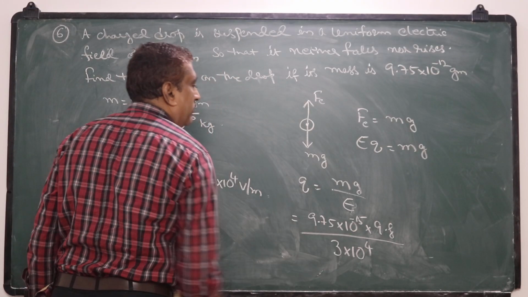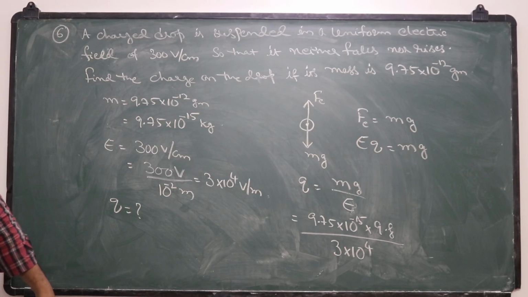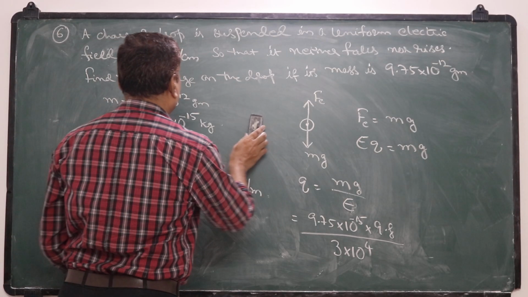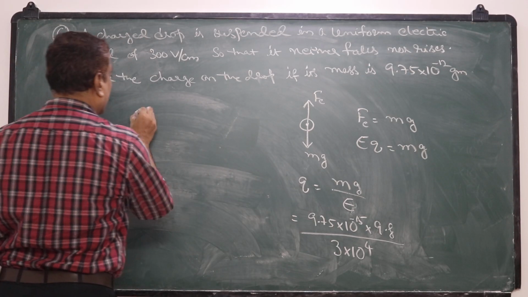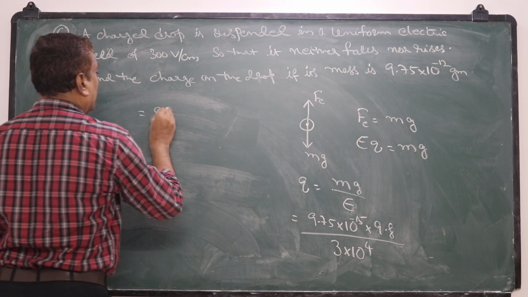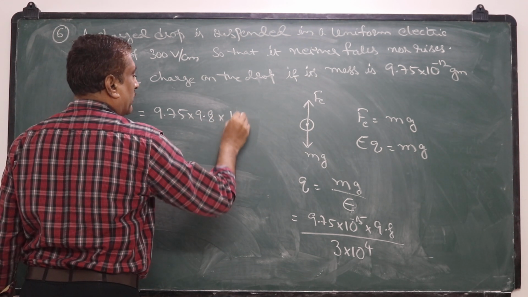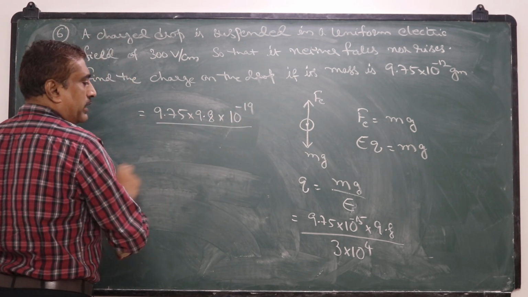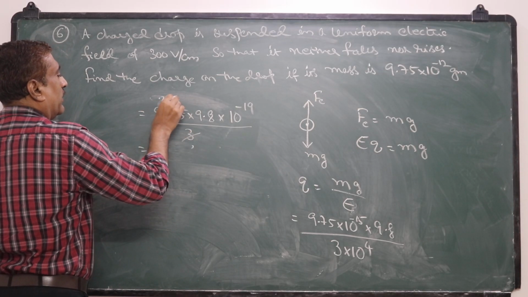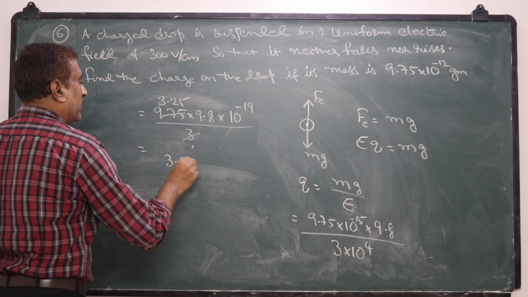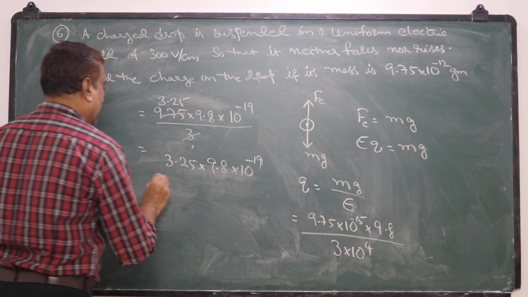So when this 4 goes upwards, the value is 9.75 into 9.8 into 10 to the power minus 19 divided by 3. So that is 3.25. So 3.25 into 9.8 10 to the power minus 19.